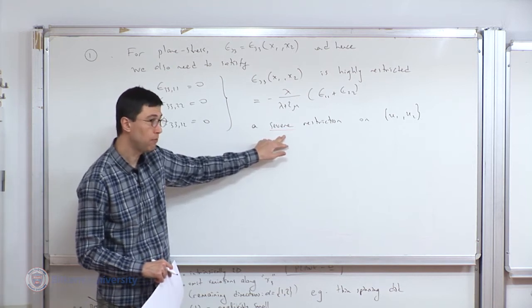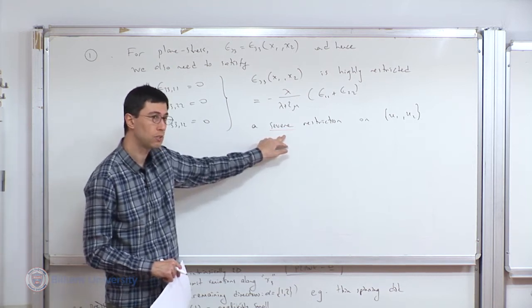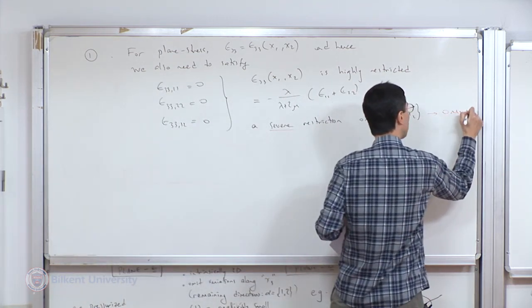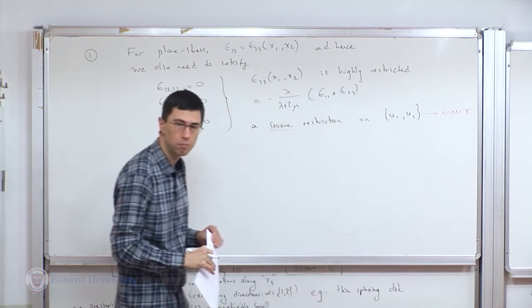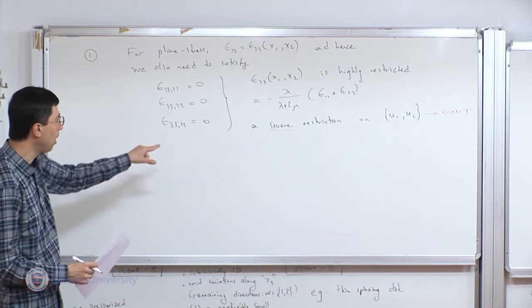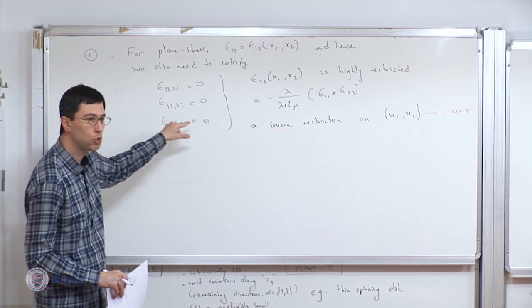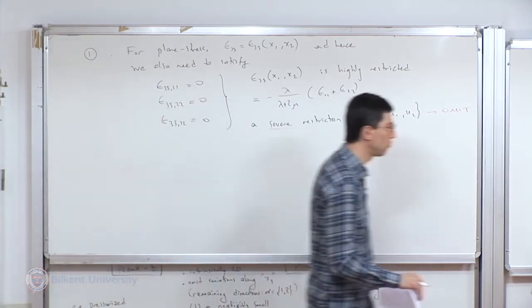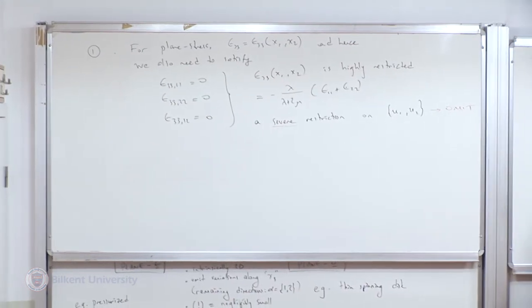Perhaps it is possible if you strictly enforce it, but it turns out that it's often so severe that it is better to omit it. And if you omit it, then your life becomes essentially much simpler. So we are going to eventually not satisfy these three compatibility requirements for plane stress.